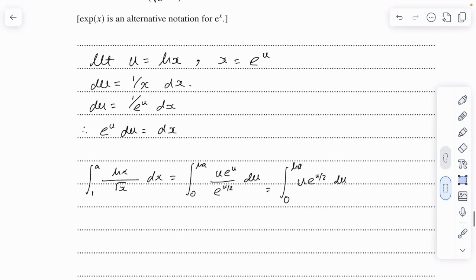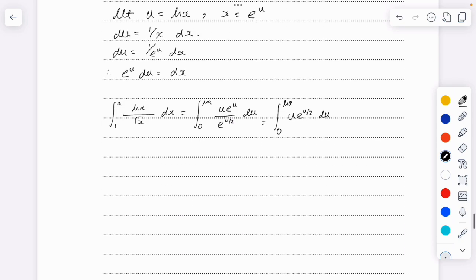Now we can do integration by parts. Okay, I'm going to do integration by parts.